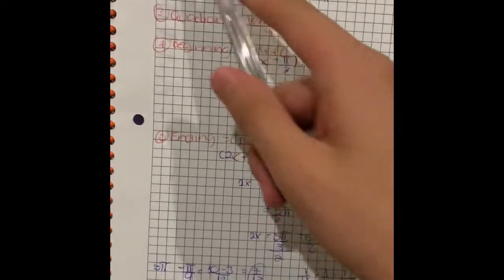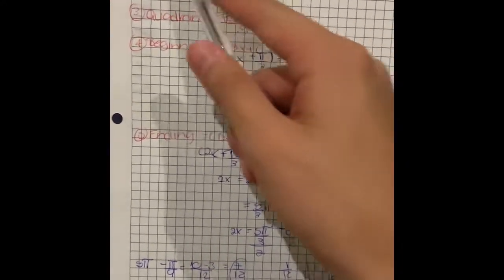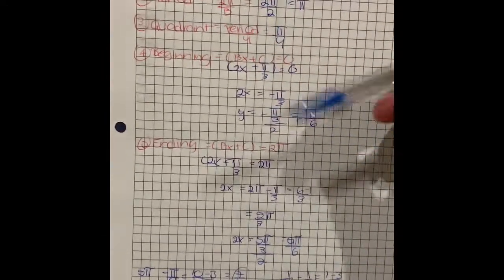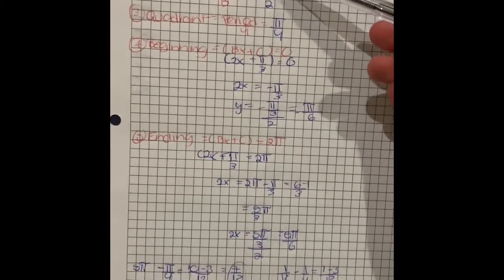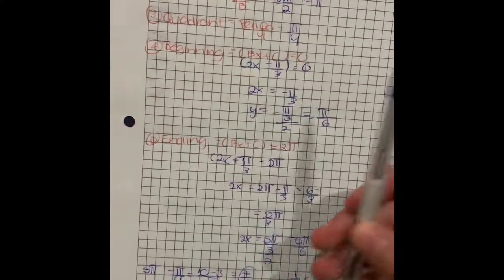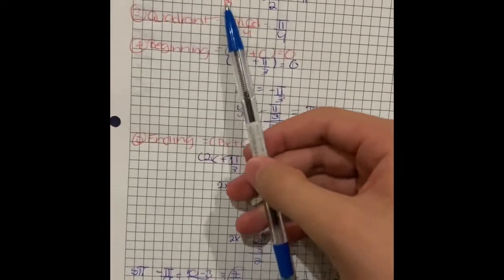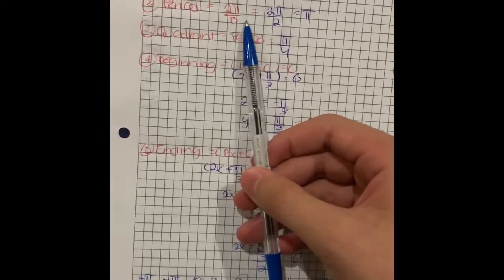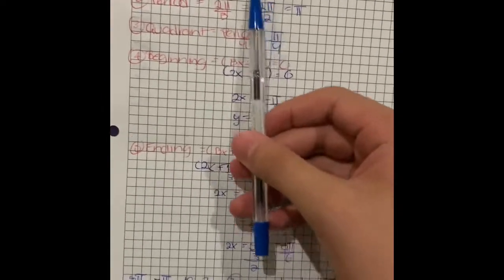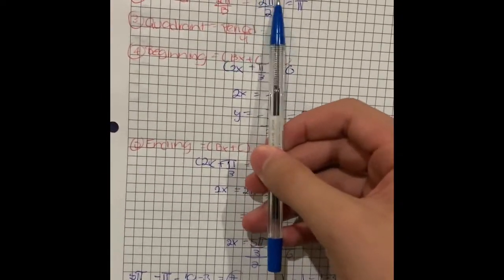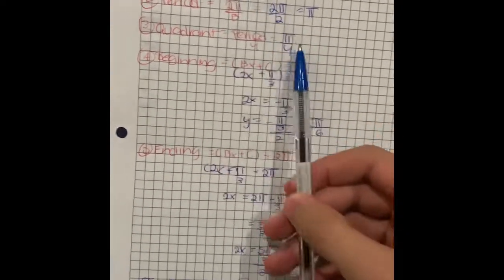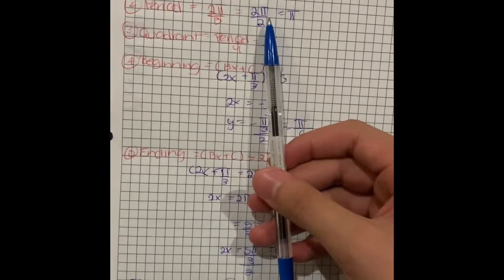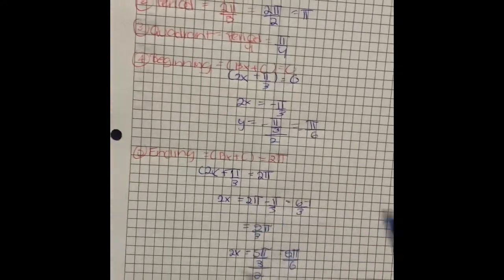For example, the amplitude is A, so it equals 3, so that's why it's 3 in here. Then we have the period, whose formula is 2π over B, so we follow these steps: 2π, and B is 2, and it gives us as a result π.